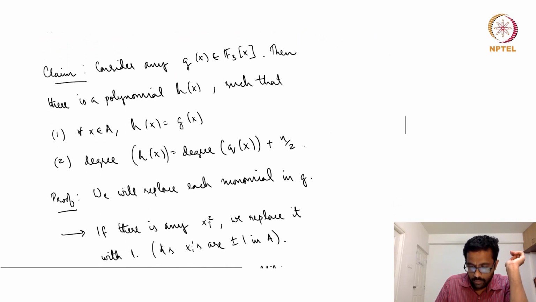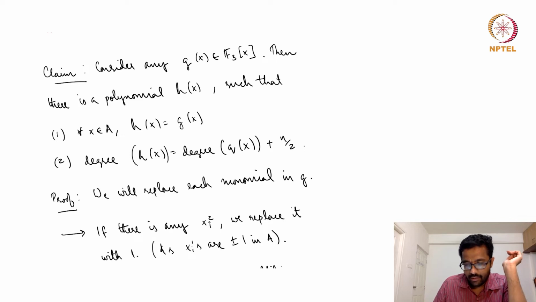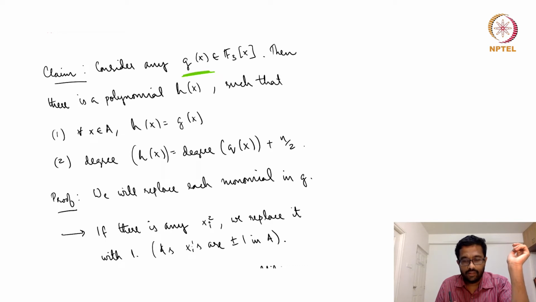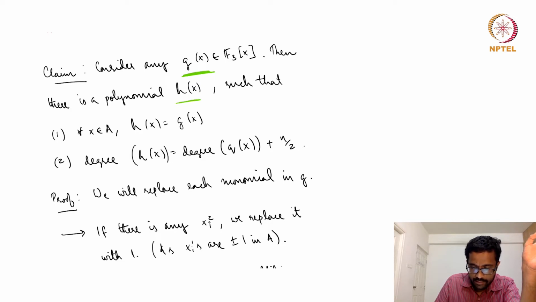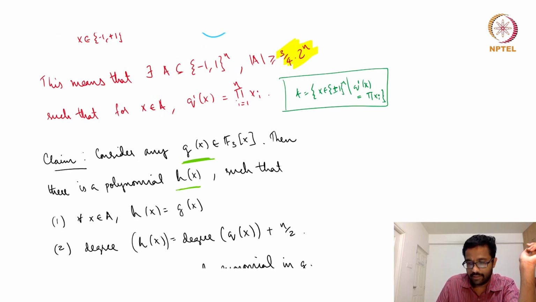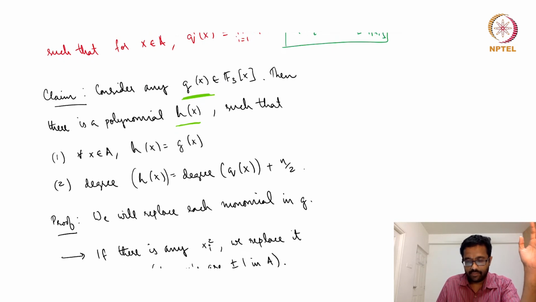Now we will see an interesting claim. Consider any function g over F3. For any g, it doesn't matter what it is, we can write a polynomial h that has the following properties. When restricted to A, h is equal to g. A is the set where Q prime is the same as parity, so under that set, this polynomial and this function will be the same.